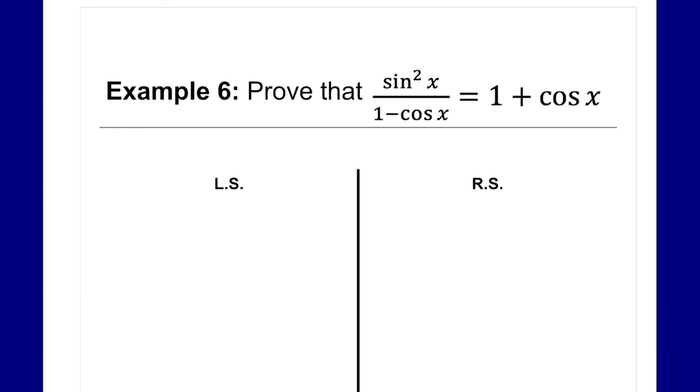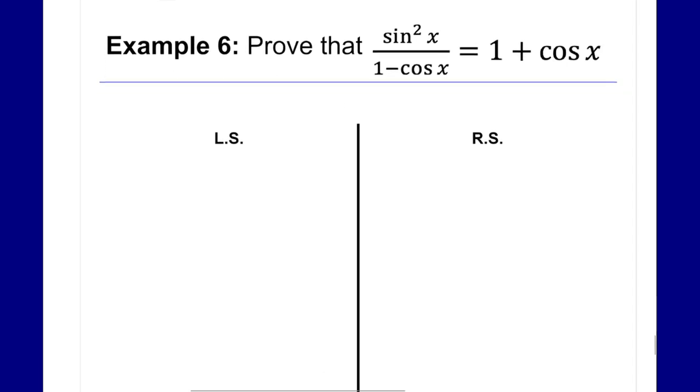Last example, right? So we have sine squared x divided by 1 minus cos x equals 1 plus cos x. So I'm just going to break up the left side and right side. So sine squared x divided by 1 minus cos x.